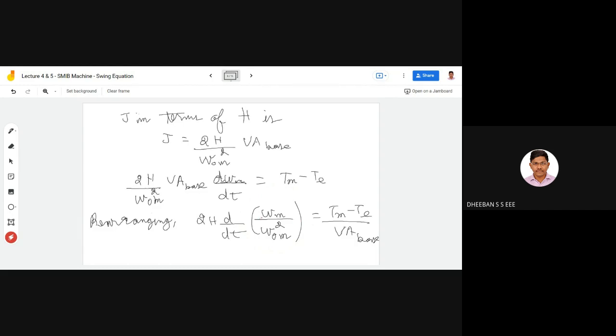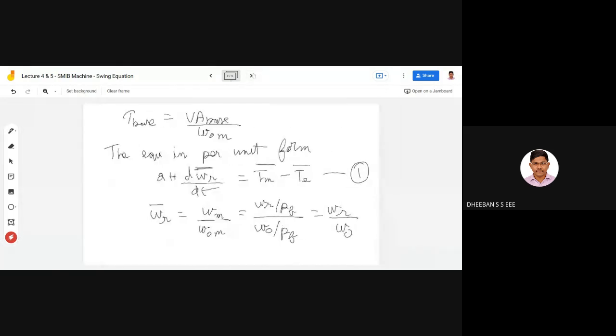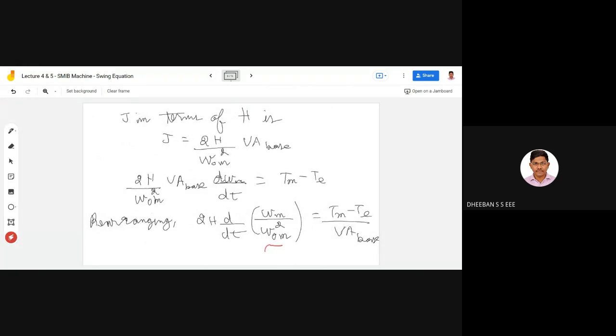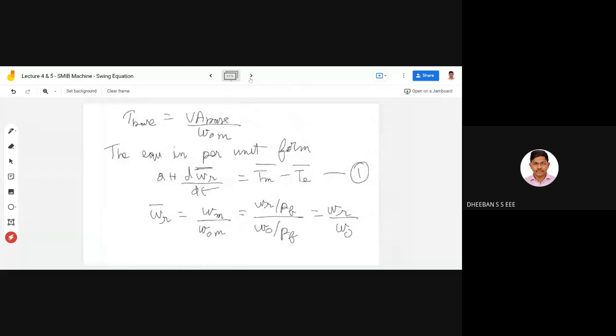So this corresponds to your angular velocity of the rotor in mechanical radian per second, and this corresponds to the angular velocity of the rotor at the initial point. But both are represented in mechanical radian per second. Still we didn't move towards electrical radian per second, so still we are in the mechanical portion only.